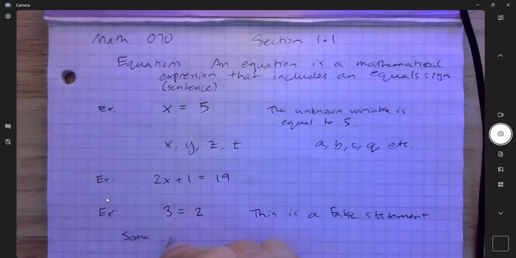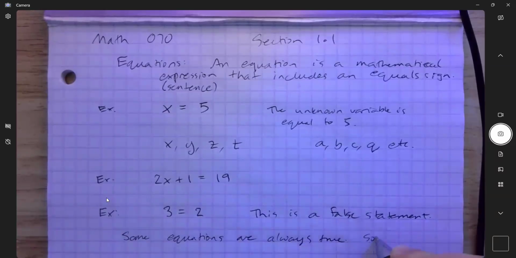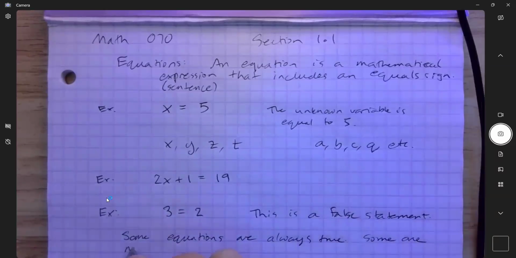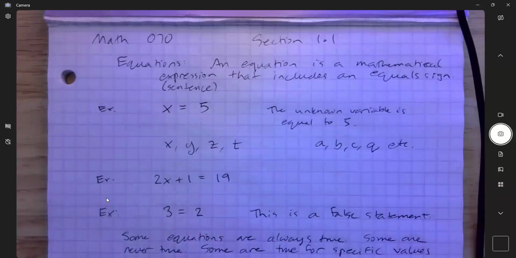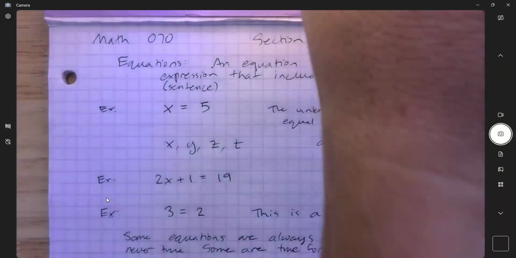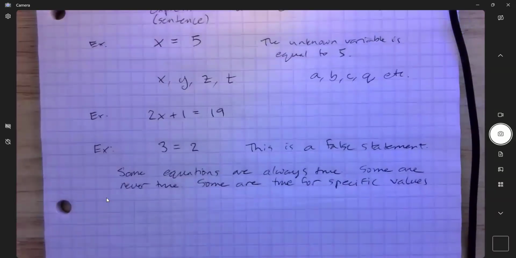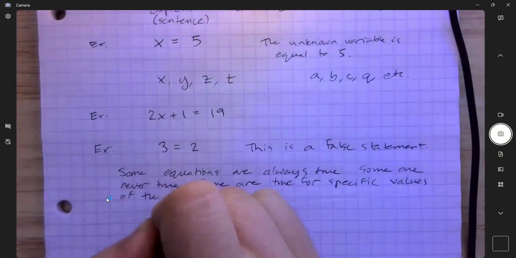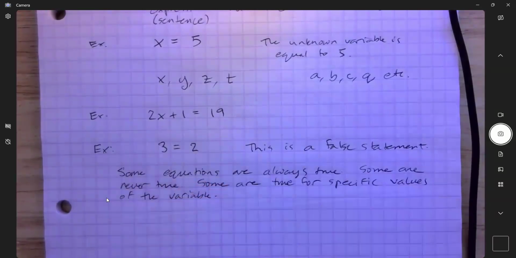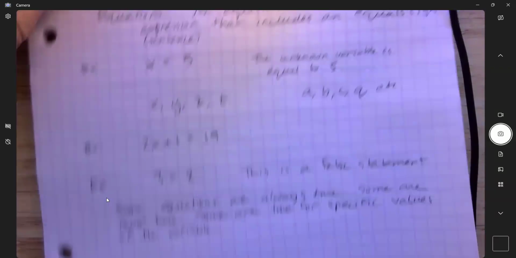So some equations are always true. Some are never true. And some are true for specific values of the variable. So I'm going to give you examples of each of those.